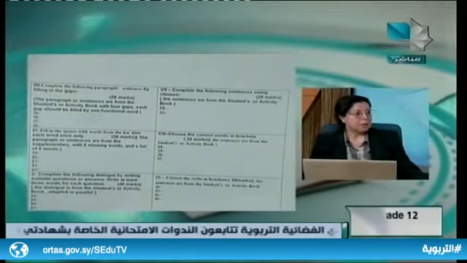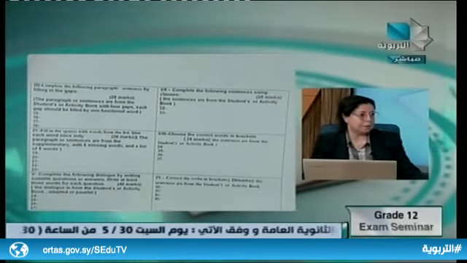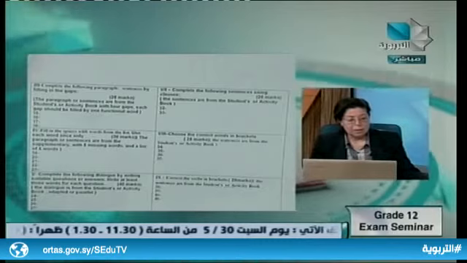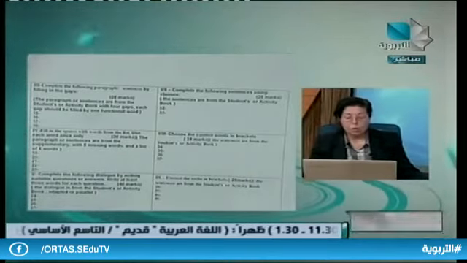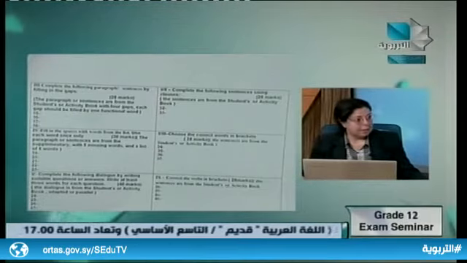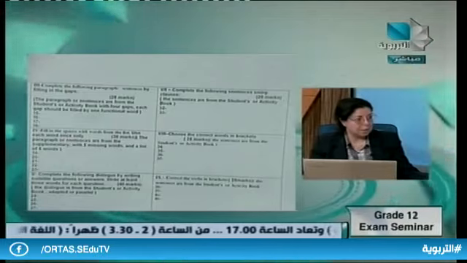So, what do we mean by a clause? A clause means that a student has to complete the second half of the sentence with a subject and a verb. Of course, he has to read the first clause carefully to understand the meaning and the tense, and then he is going to write a complete clause, starting with a subject and a verb.